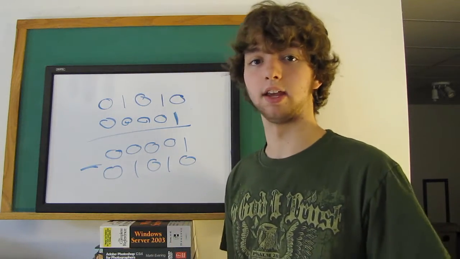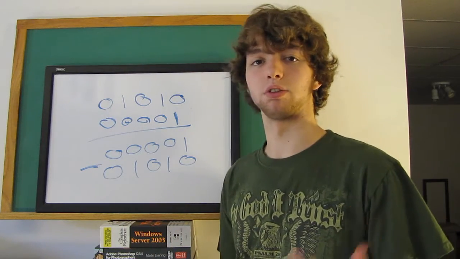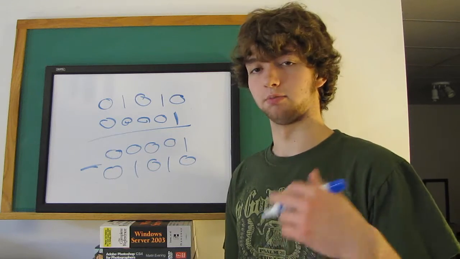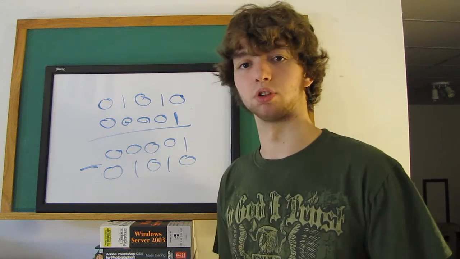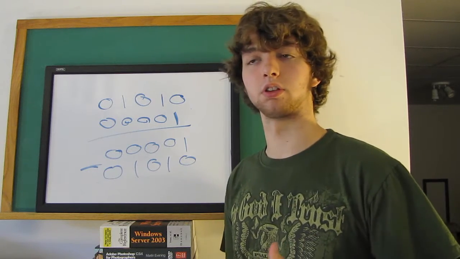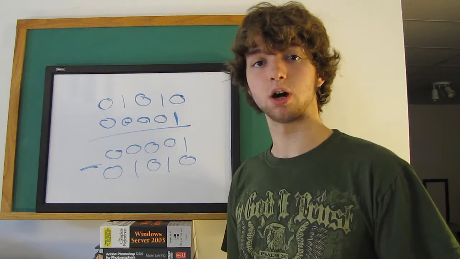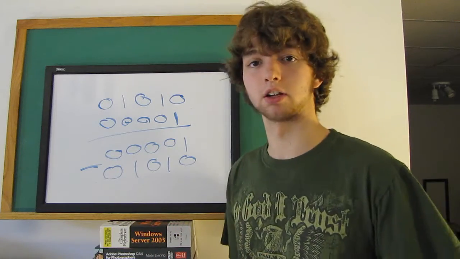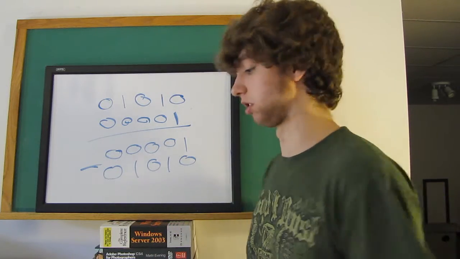Well, we're going to get a negative number, which we can't do with normal binary subtraction without getting super complicated, adding a sign bit in, and having to worry about double zeros and so forth. So we have 2's complement, which we can use to subtract larger numbers from smaller numbers.